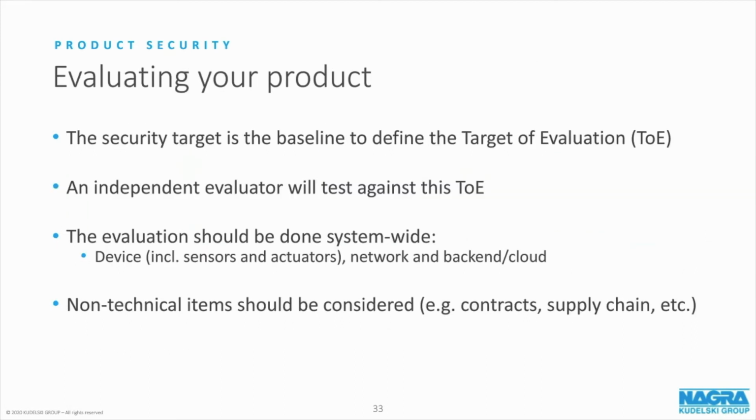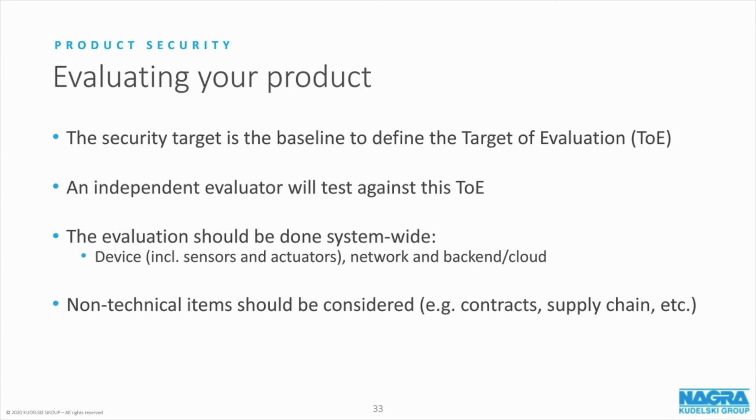And finally, all that work can also be reused when it's time to evaluate your product. The security target is actually the baseline to define what we call the target of evaluation, or TOE. The TOE is actually what you'll want to test when you perform the evaluation. And the evaluator will test your device and your system against that TOE.